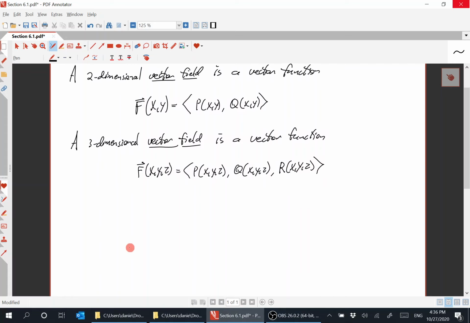Okay, so same idea. It's a three-dimensional vector function with three variables as inputs.